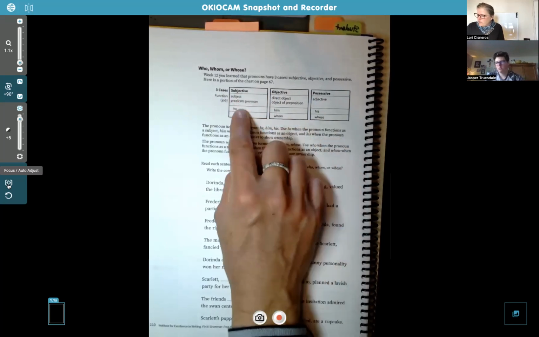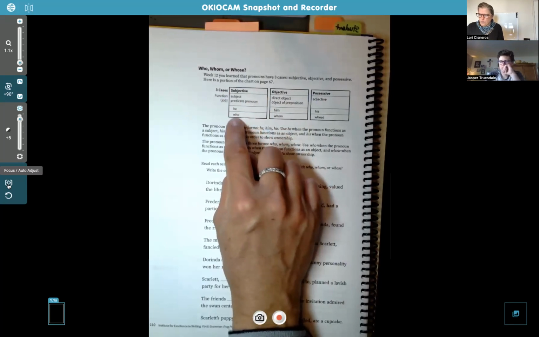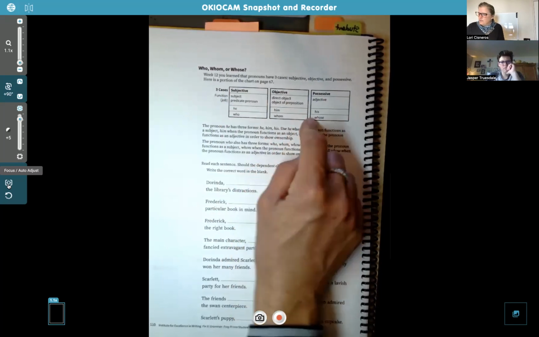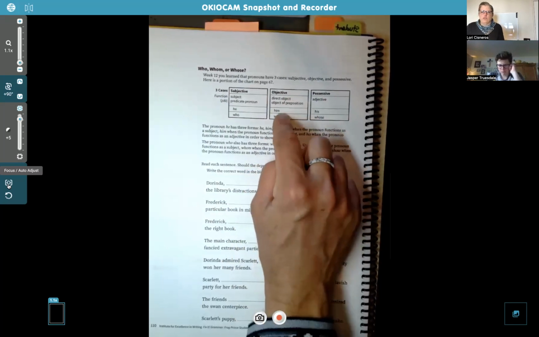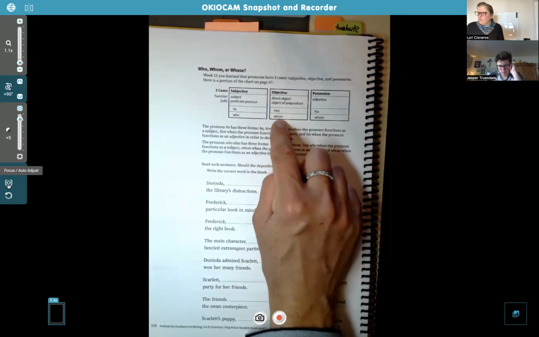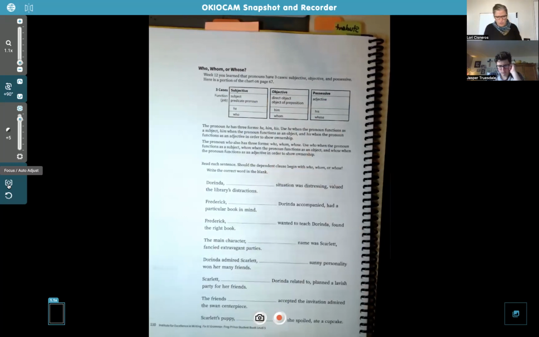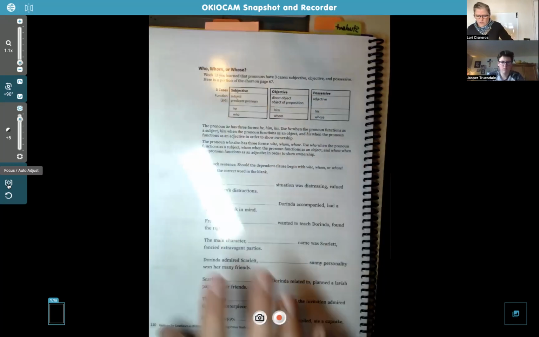For the subjective case, it's he or who in the clause, which is what you're already familiar with. These are the two new ones. Or it could be objective if you can use him in place of whom, or possessive, his in place of whose. I do want you to add, because we do have Dorinda in our story, and that's a girl, obviously.